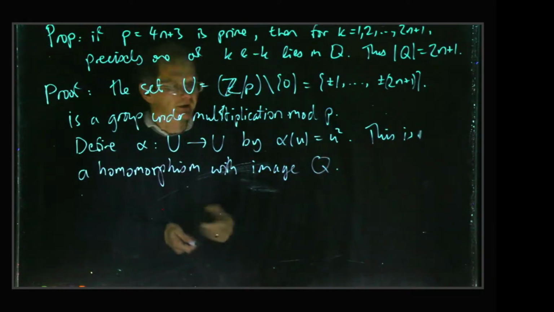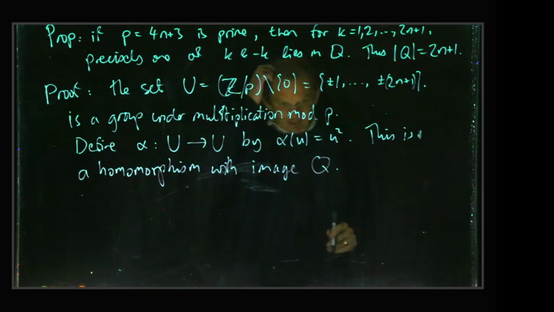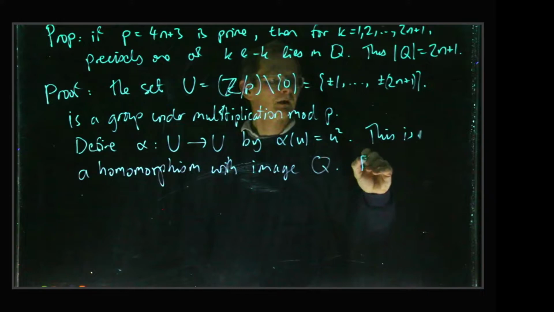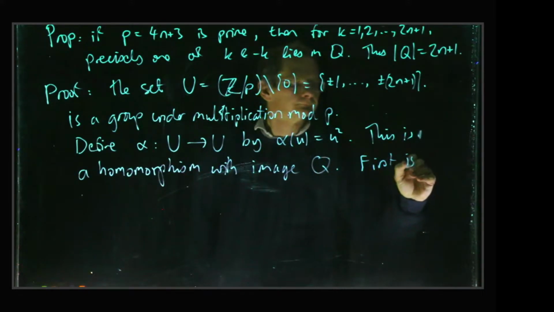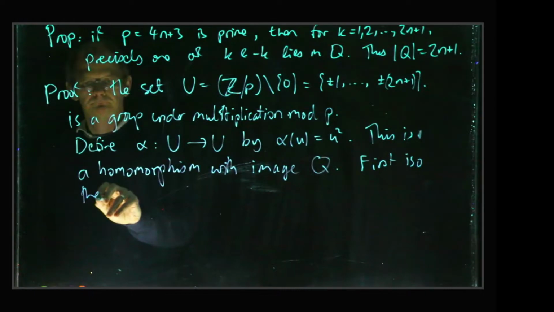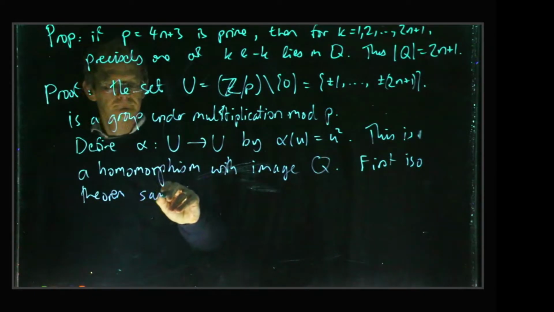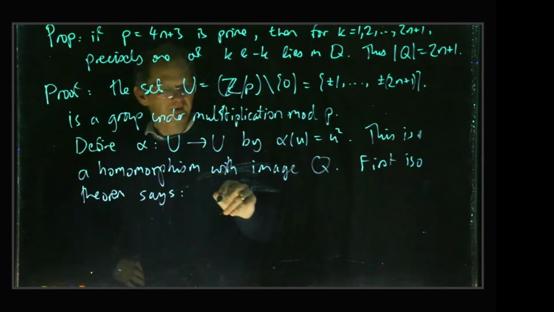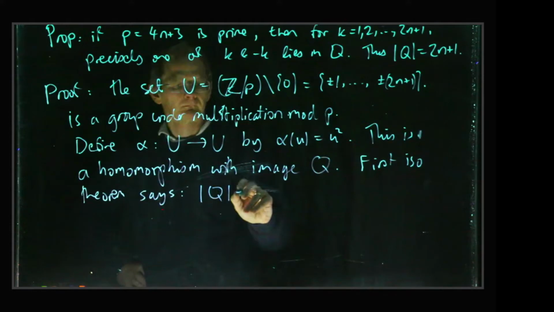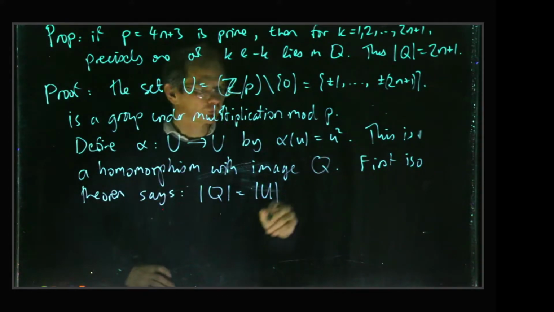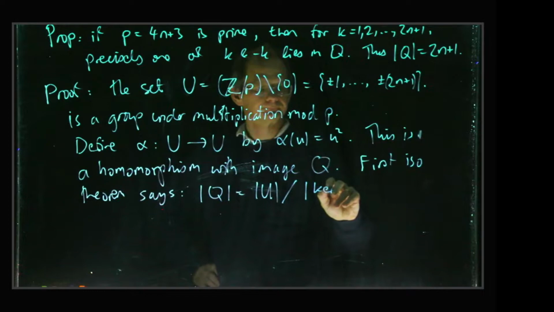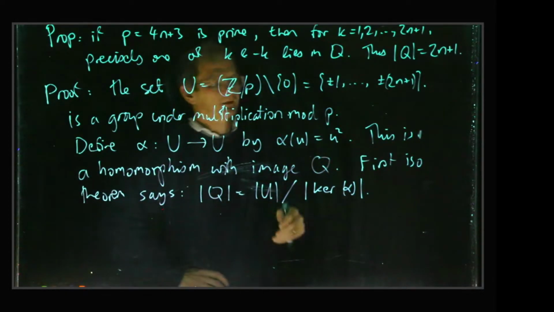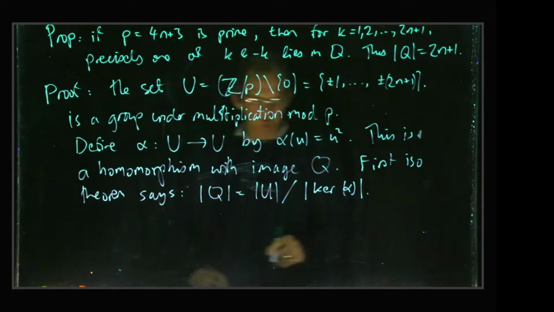Well, the image is precisely the set of squares, which is Q. So the first isomorphism theorem says that the size of the image is the size of the full group divided by the size of the kernel. That's at least a consequence of what the first isomorphism theorem tells us.